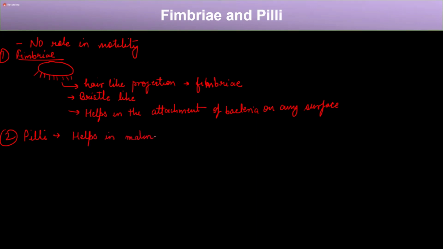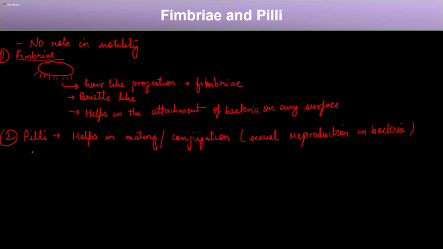In bacteria, as we will study in further classes, there is only one type of sexual reproduction or mating, called conjugation. So we can say that pili helps in conjugation, and conjugation is a type of sexual reproduction in bacteria. So pili is responsible for sexual reproduction.